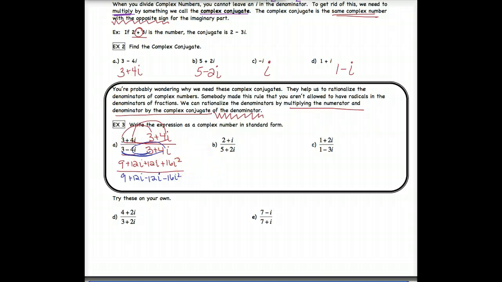So now I'm going to simplify the numerator, simplify the denominator. In the numerator, these are like terms. This 16i squared is really just a negative 16, which then is a like term with this 9. So 9 take away 16 is negative 7. 12i plus 12i is 24i.